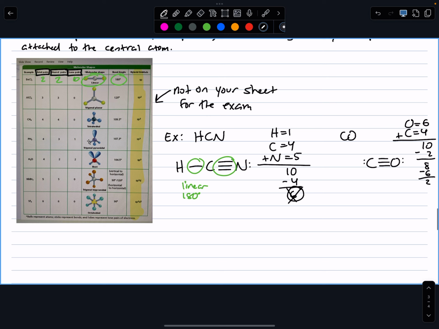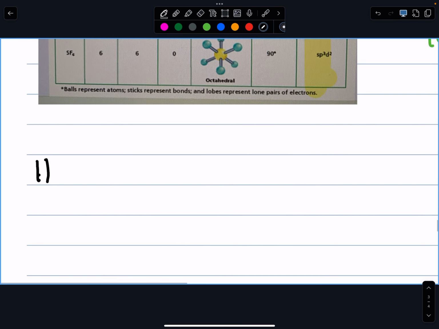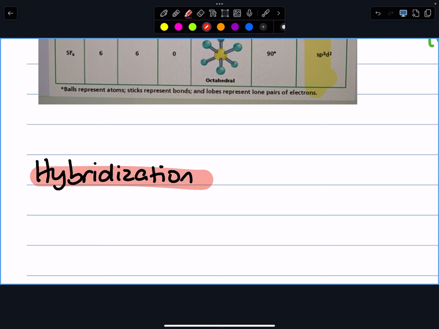Okay. So hybridization. All that means is a fancy word for saying, orbitals being mixed together.